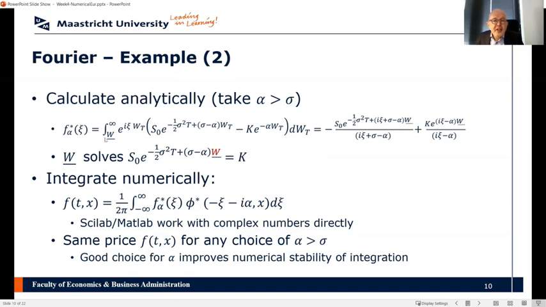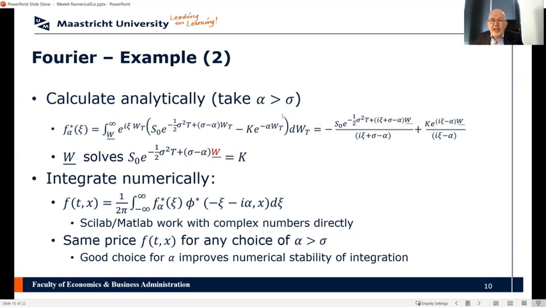And then if I integrate from W bar to infinity, I can do this integral and I get this function here. This looks a little bit complicated, but not too much. But you see that I have an explicit expression now for this integral, and this is now the Fourier transform because it is a function of xi.